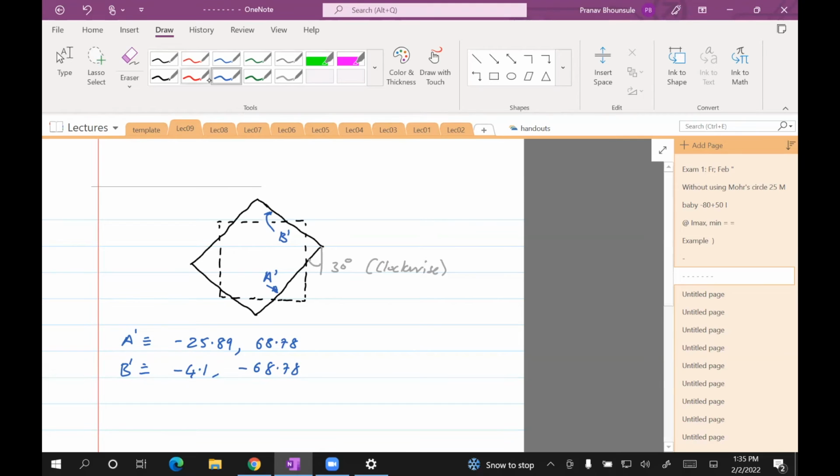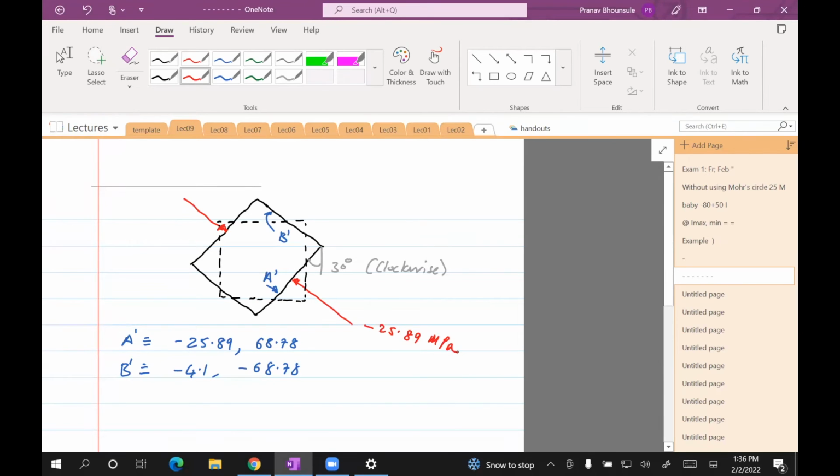Okay, so the last part is to draw them on the stress element, which is rotated 30 degrees. So for face A, I need to put minus 25.89. Clearly, that's a compressive stress, so I will show it with an arrow pointing towards the plane stress element. Minus 25.89.